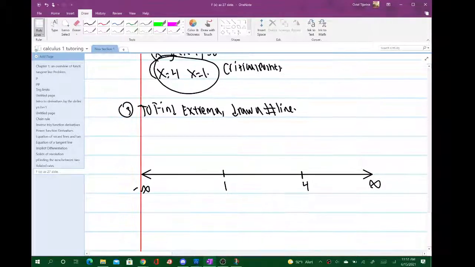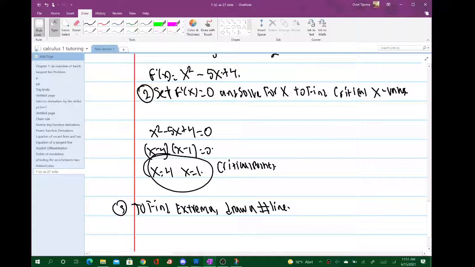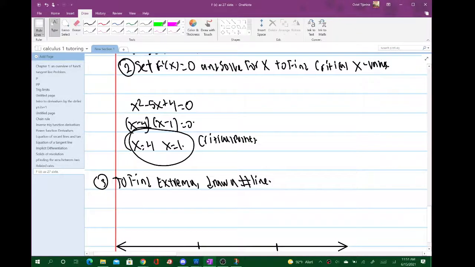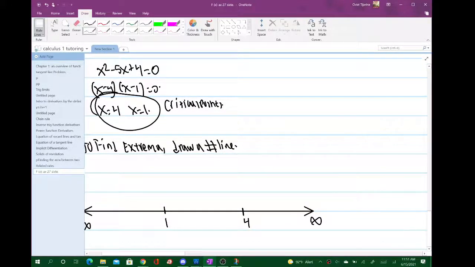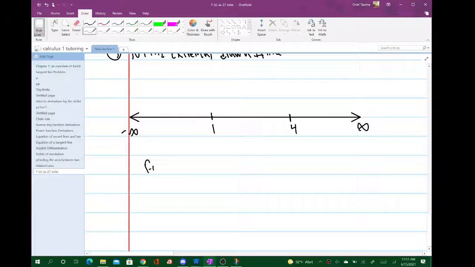Now for the derivative, you're going to find where f of x is increasing or decreasing.